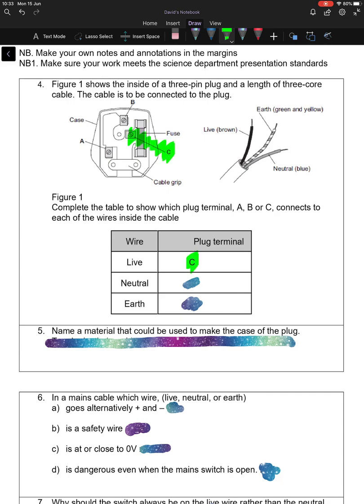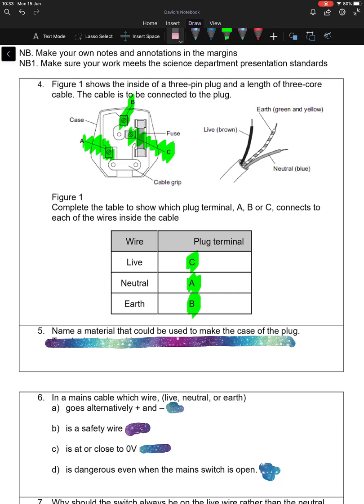C. So remember, live wire's on the right. Neutral, A. It's on the left. And then earth, obviously, you should be able to figure that one out, is B in the middle.